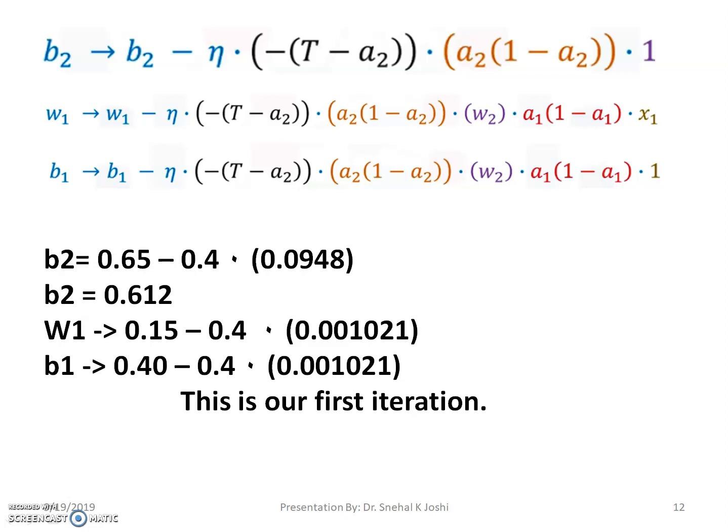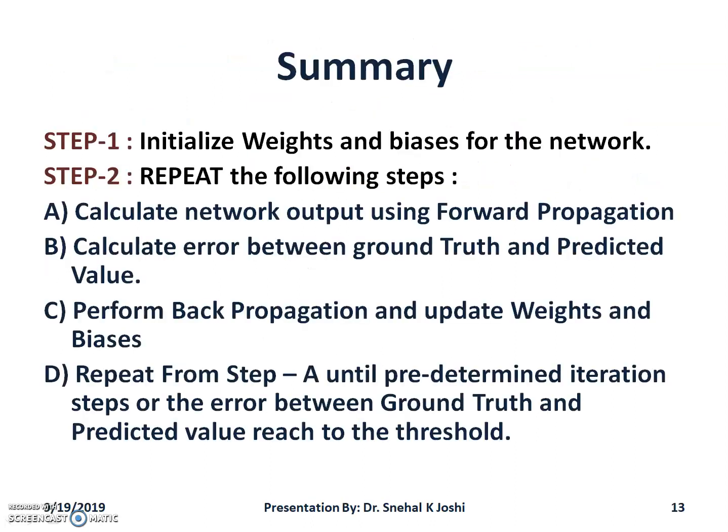Let us summarize our action. Step 1 is initialize weights and biases for the network. Step 2, we repeat the following steps. A: calculate network output using forward propagation. B: calculate error between ground truth T and predicted value.